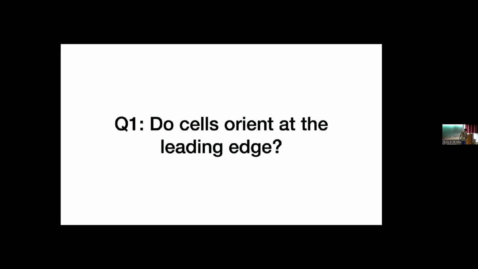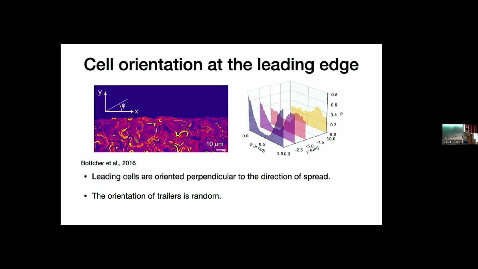First, we characterized the cell orientation at the leading edge. This is the wild type. We set the coordinate system like this, and the y-axis is parallel to the direction of spread.